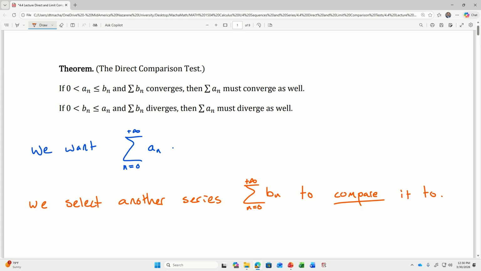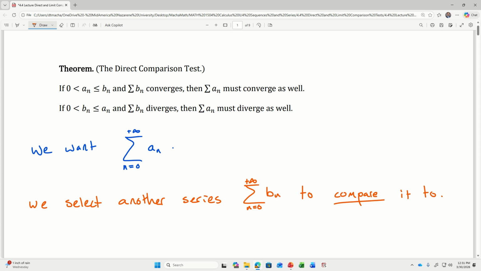So to make this useful, the series that we select, the series that we get to choose, the Bn series, is one that's really, really similar to the An series, but maybe it's simplified in some way so that we can use a different result, right? Maybe the Bn series is a geometric series, and we know if it converges or diverges.